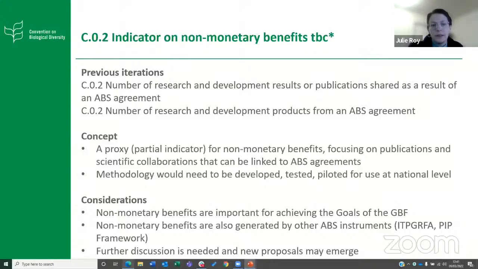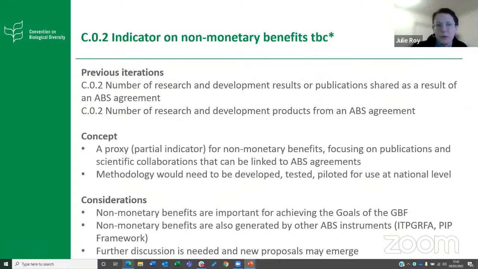So the focus here was on publications and scientific collaborations that can be linked to ABS agreements. So looking a bit more at the nationality of the authors or people contributing in a research grant, for example. And so this is really a methodology that would need to be developed. And the Secretariat would definitely appreciate any support or expertise to make this happen.